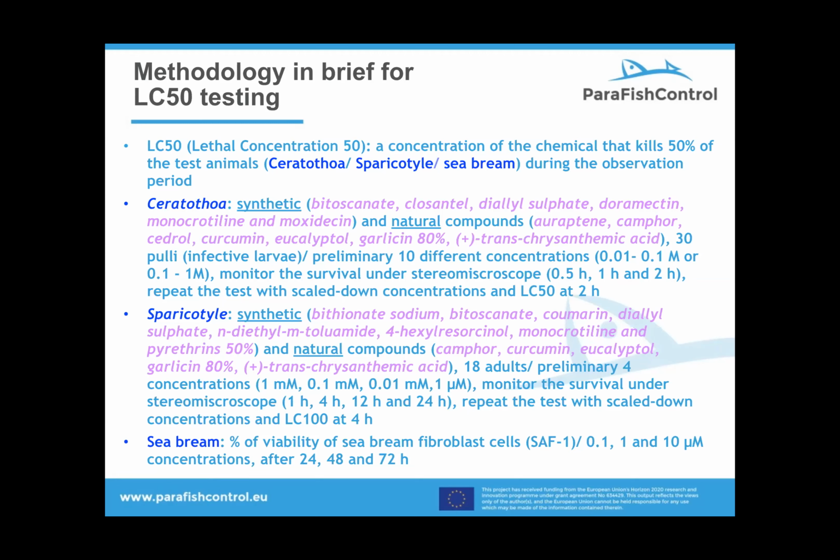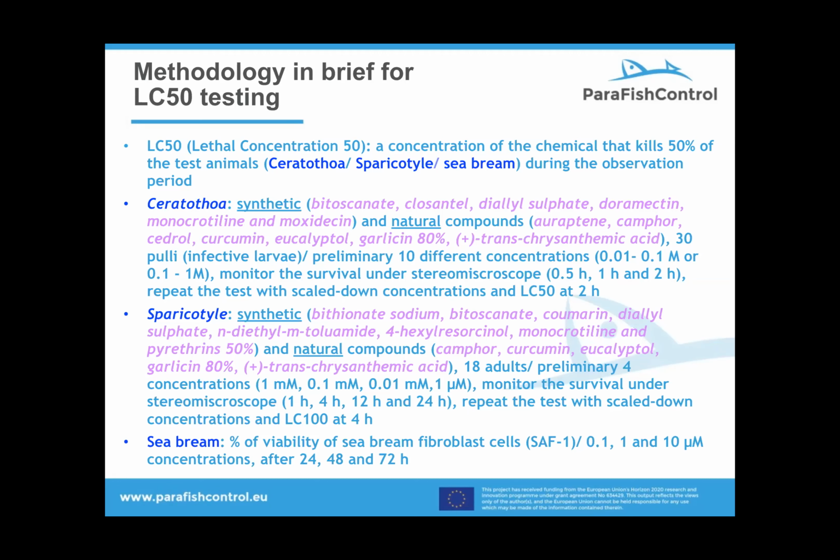So what we have been doing with different compounds is testing LC50s. For those who are not familiar with LC50s, it's the concentration of any chemical that kills 50% of the test animals. So it can be Ceratothoa, it can be Sparicotyle, and we also tested the viability of sea bream cells to see whether these compounds have any toxic effect on the host.